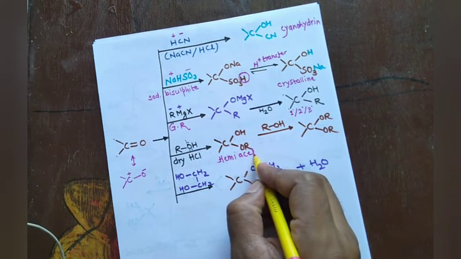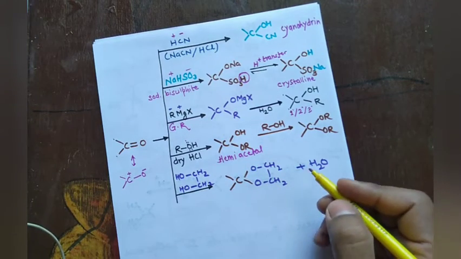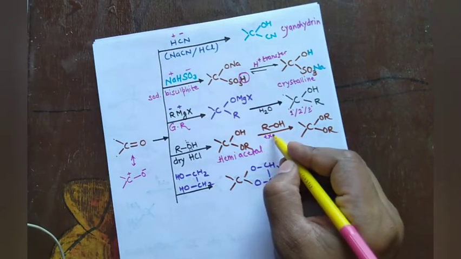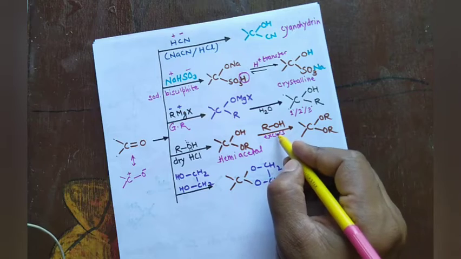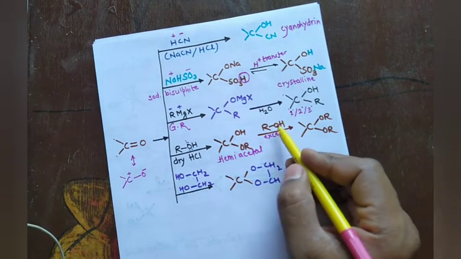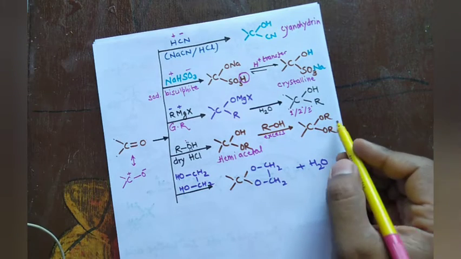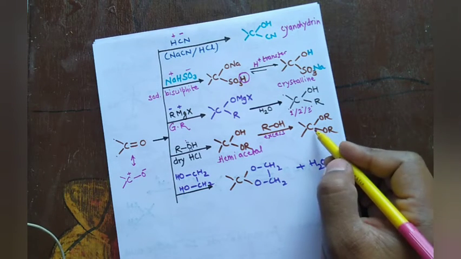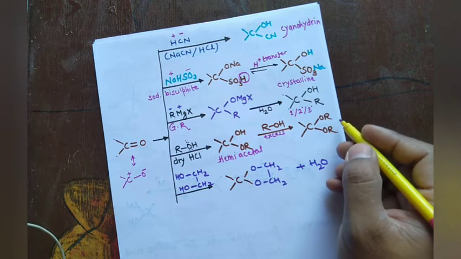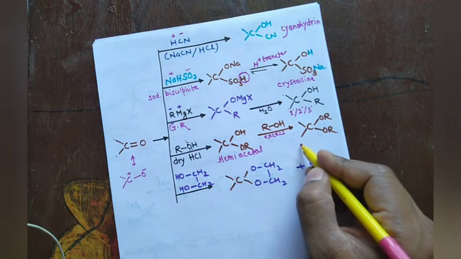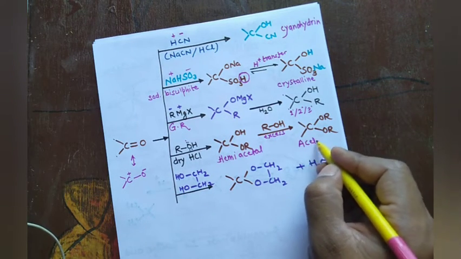When excess alcohol is present, this OR substitutes OH. Two ether groups are on the same carbon, that is a geminal ether group. So this becomes acetal.